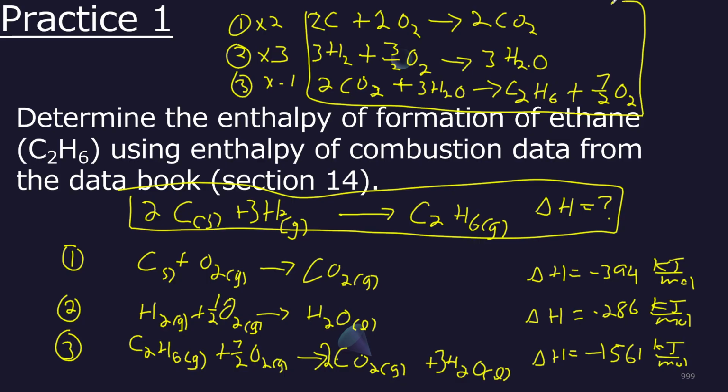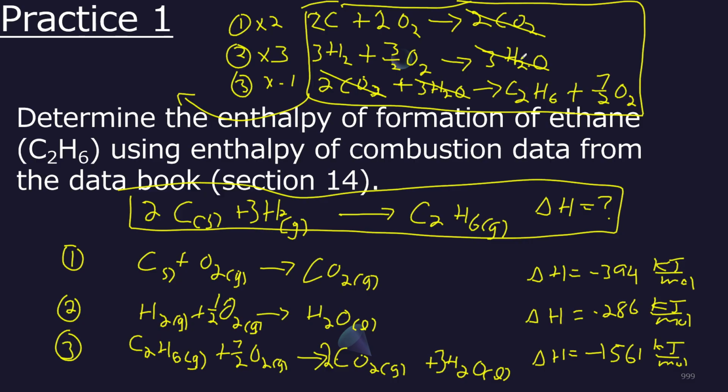When we add these all together, what's it going to look like? I'll try to draw it over here. What can we cancel out though? So we will have 2 carbon dioxides on the left and 2 on the right products. So essentially no change there. We've got 3 waters, 3H2O that will be used and 3 produced. No need to write that.